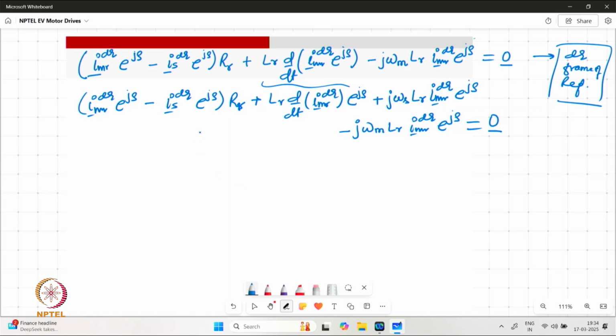So once this derivative term is opened, then we have the common term e raised to power 0, which can be removed from the complete equation. And then we are remaining with terms which are essentially there in the DQ frame of reference.